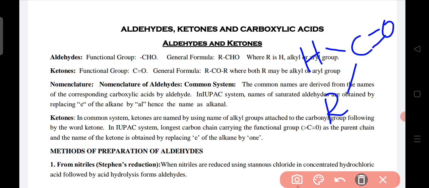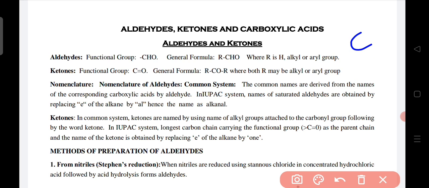And in ketones, both are R groups, meaning they may be alkyl or aryl groups. That is why aldehydes and ketones are studied together, and carboxylic acids are studied separately in the same unit.